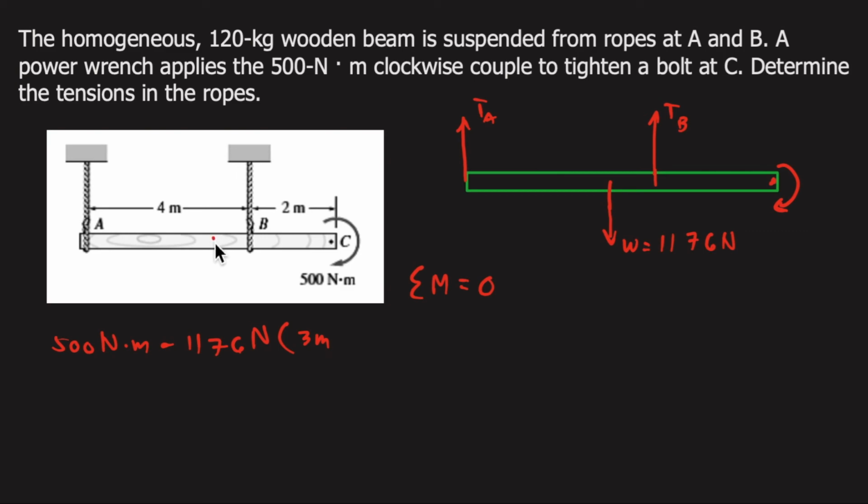Okay, the next is the moment produced by TB, so that's clockwise. So this is TB, and the distance between this point of application and this is 2 meters, so that's multiplied with 2 meters. And lastly we have TA.